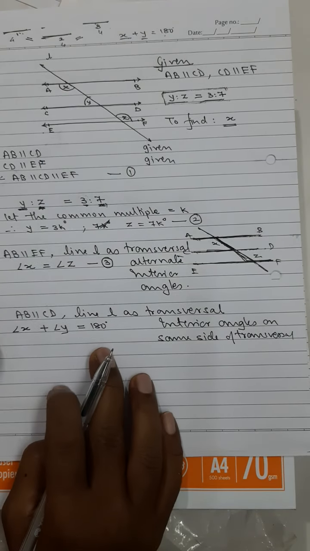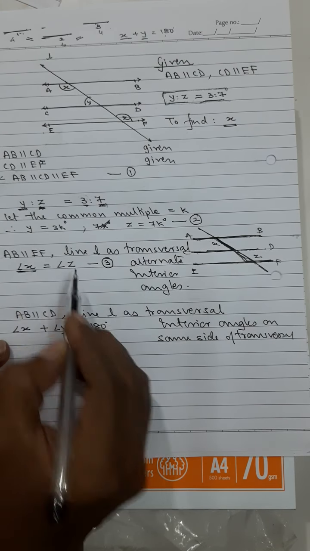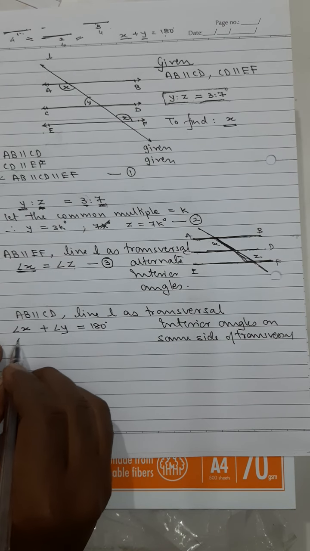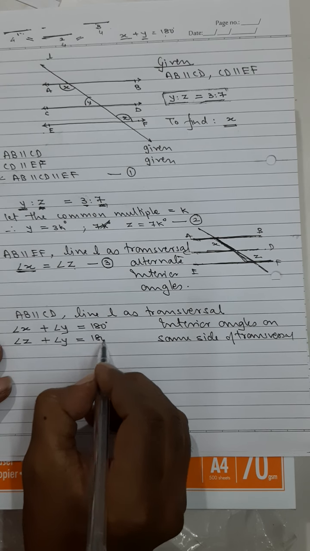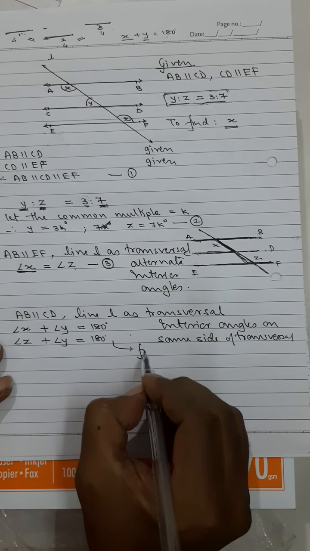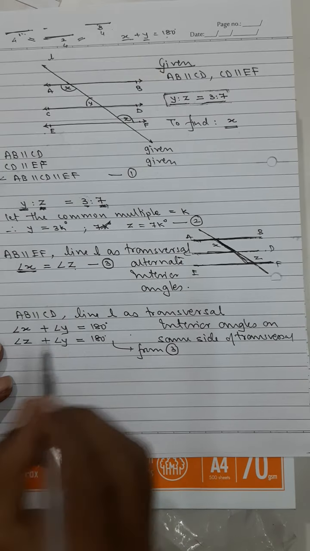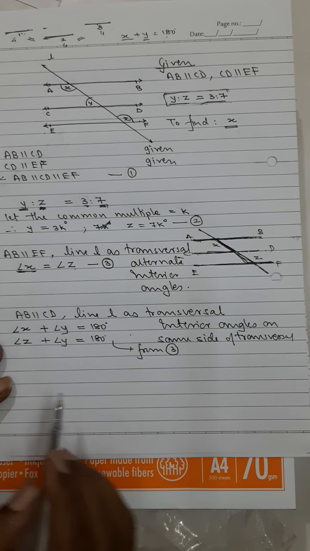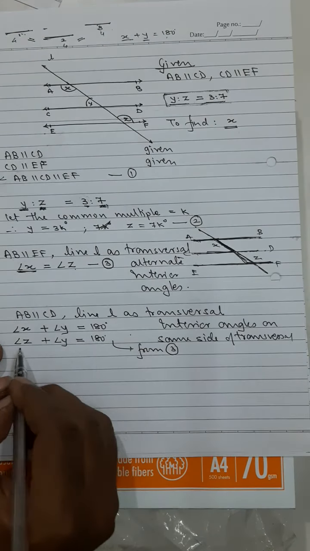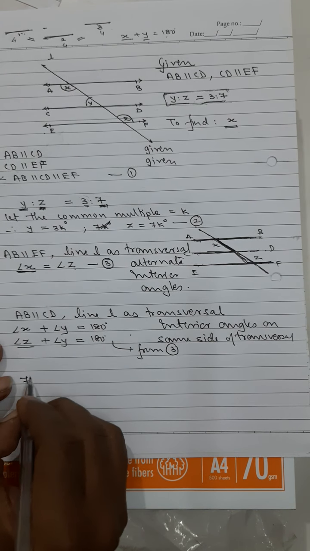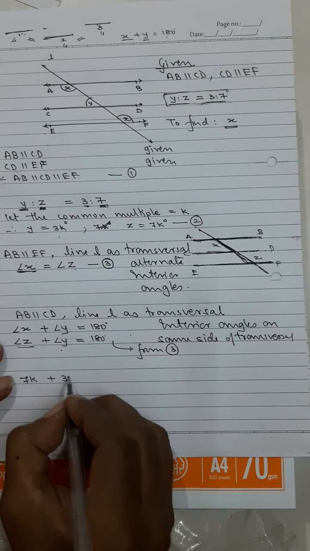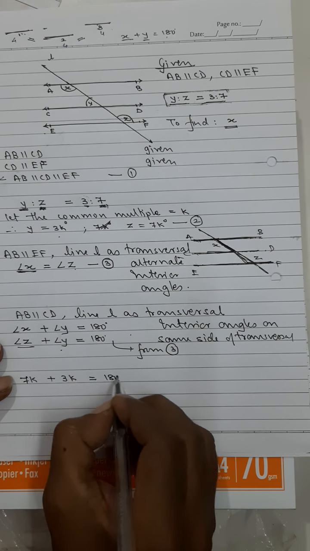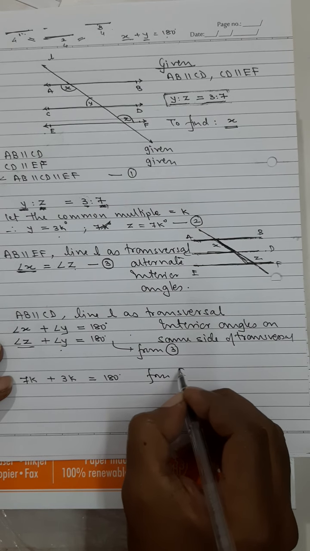Fine. This is angle X plus angle Y is equal to 180 degree. Now you know from 3, angle X is equal to angle Z. Angle Z plus angle Y is equal to 180 degree. This is from 3 you have got. Fine. And then from 2 what you will get, in place of angle Z I will write 7k plus, in place of Y I will write 3k is equal to 180 degree from 2.